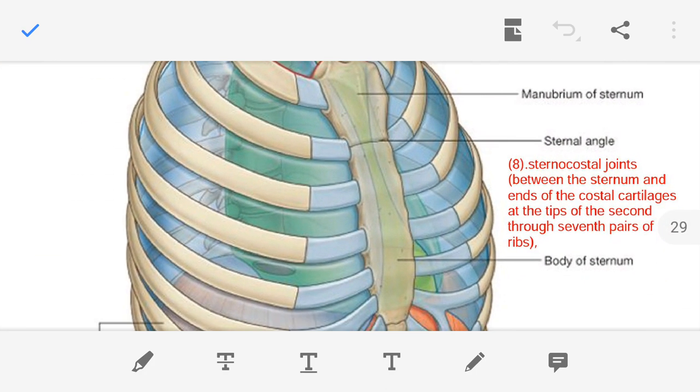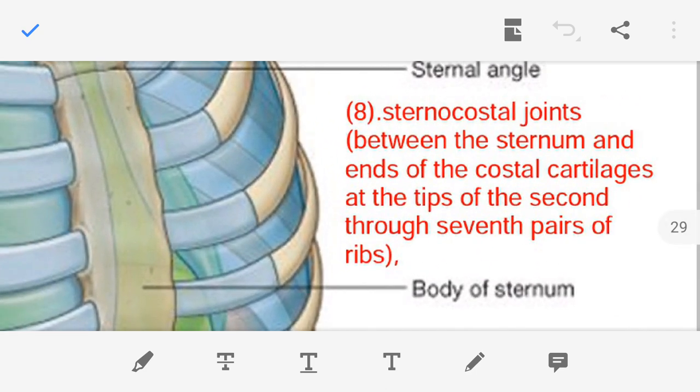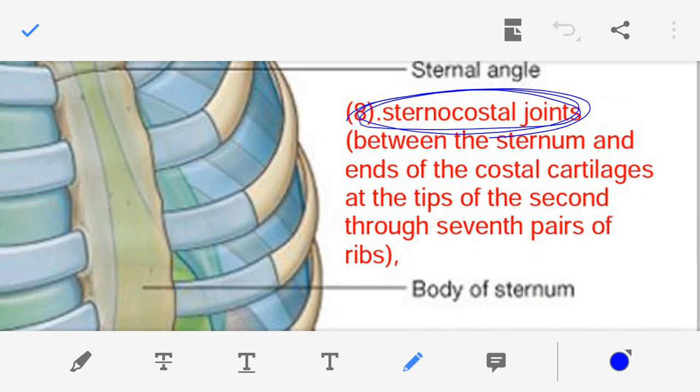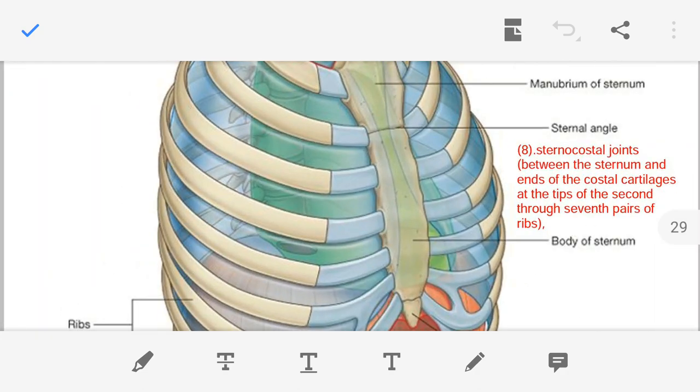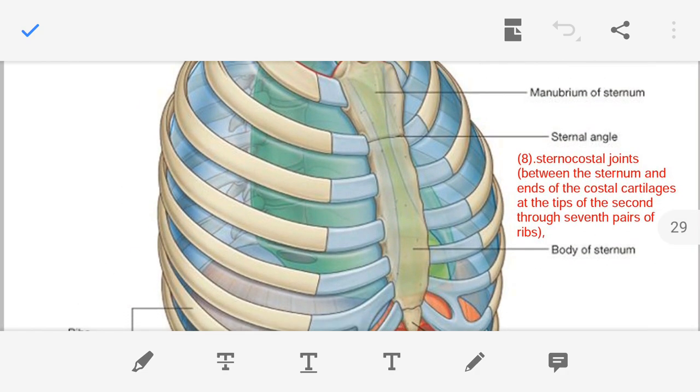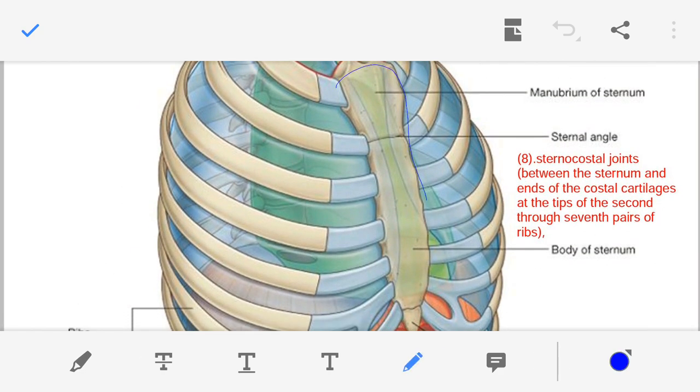Now here, the sternocostal joint. This one is the sternum. These are the ribs, second, third, fourth, fifth, sixth and seventh.